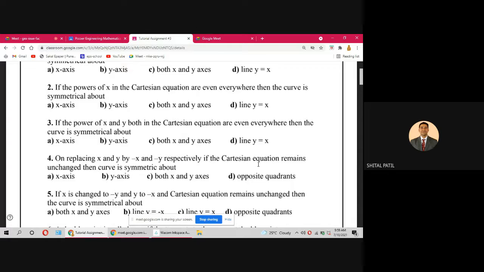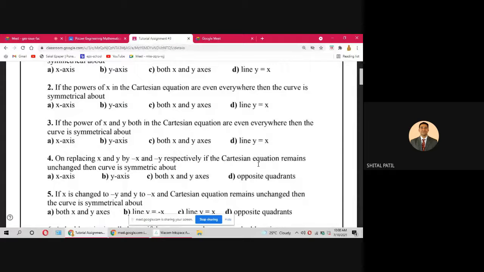See, in the first quadrant, x is positive, y positive. Where both x and y are negative, in which quadrant both of them are negative? Third quadrant. So it is symmetric in first and third quadrant. That is symmetry in opposite quadrant. Same is true for second and fourth quadrant.